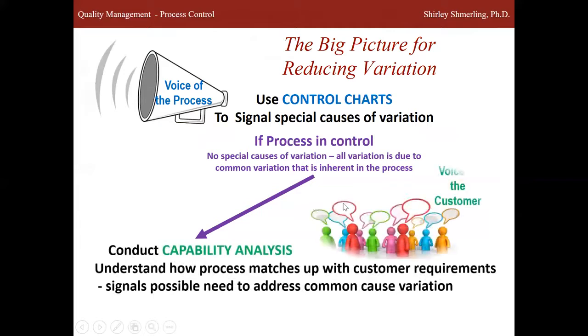And in this case, we're going to conduct capability analysis, which is basically capturing the voice of the customer and understanding how the process matches up with the requirements of the customers. It signals any possible need to address common cause variation, which needs to be done through redesign of the process, something more than just the special cause variation that we needed to address.